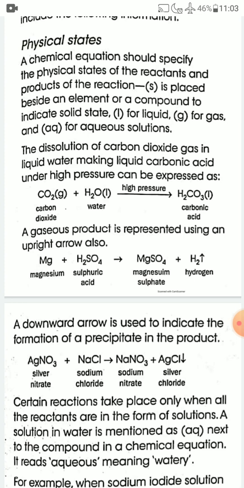Arrow, and above the arrow you have to write the condition of the reaction, that is high pressure, and the product carbonic acid H2CO3, which is liquid, so you have to write L for liquid carbonic acid.